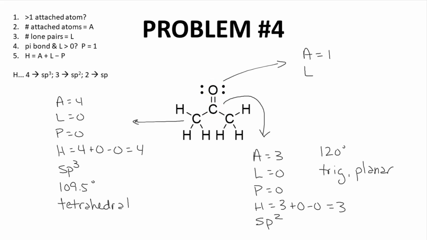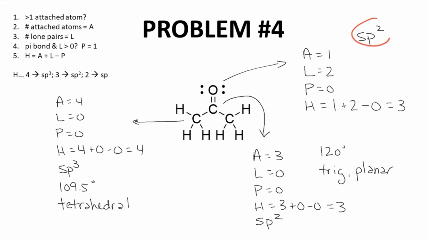That oxygen has 2 lone pairs. It's not next to a pi bond, it's part of a pi bond. So P is going to be equal to 0. So H equals A, that's 1, plus L, that's 2, minus 0, that is 3. So here we have attached atoms, 1, and we need 3 hybrids. That's sp2.